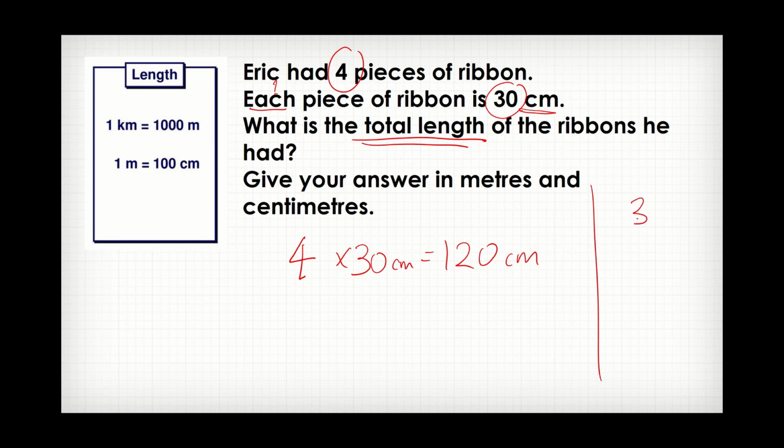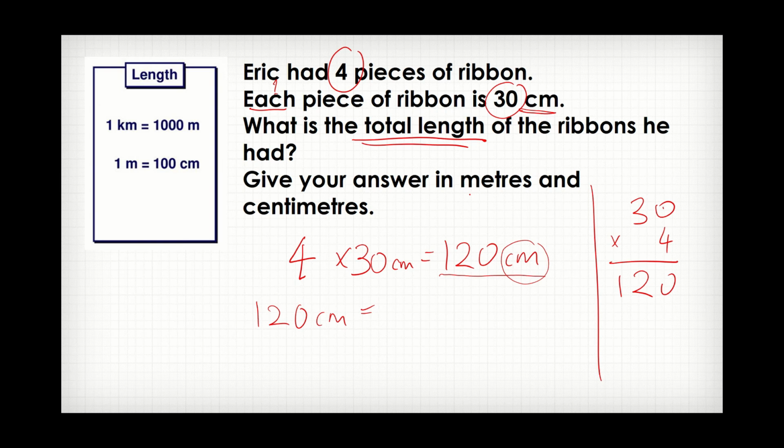Please do your working at the side to check. 0 times 4, 0. 3 times 4, 12. Give your answer in meters and centimeters. Notice that your answer now is only in centimeters. So we need to do one more step of converting our answer from centimeters to meters and centimeters.